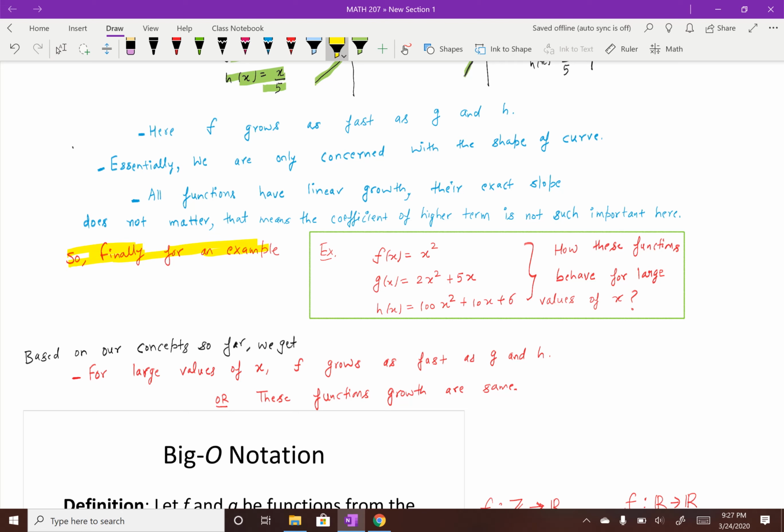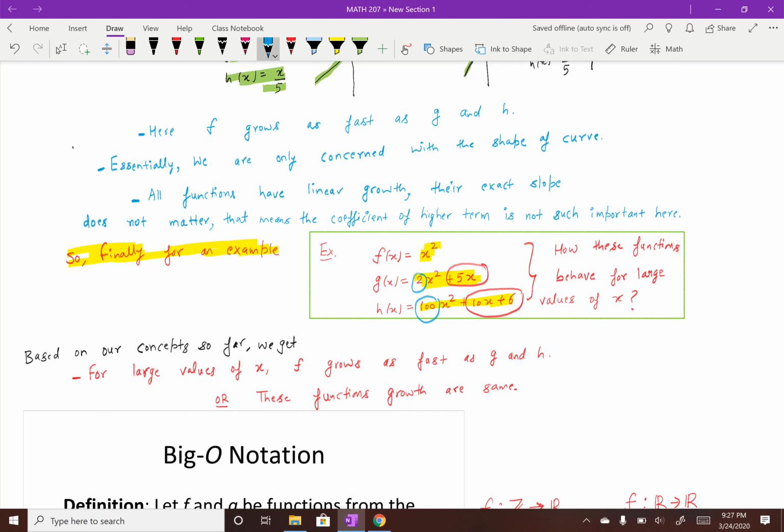In this example, I have defined f of x as x square, g of x as 2 times x square plus 5x, and h of x as 100 times x square plus 10x plus 6. How do these three functions behave for a large value of x? Based on my concept, the lowest order terms are not going to play a major role in deciding the growth of the given function, and the coefficient of the highest order term is also not going to play a role.